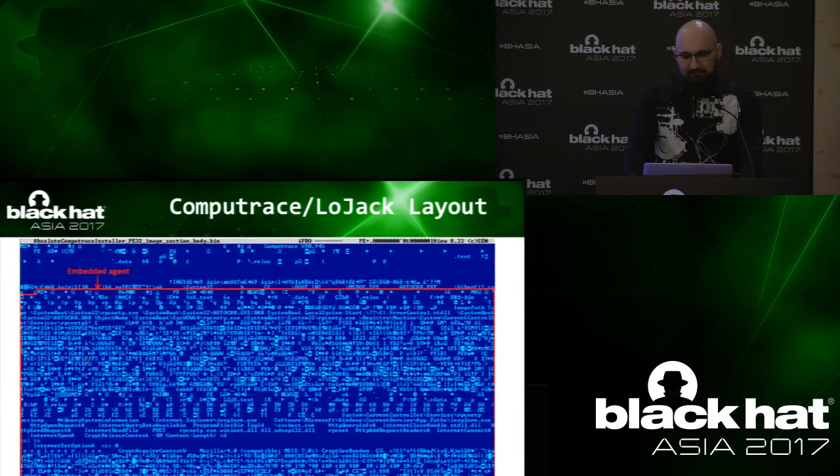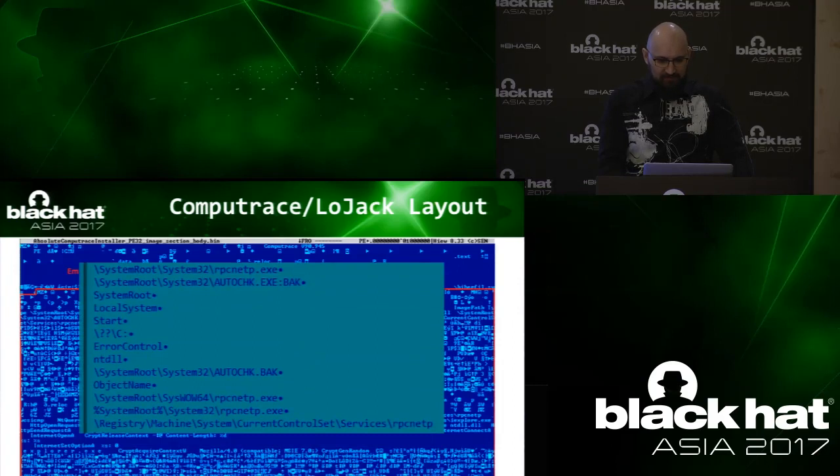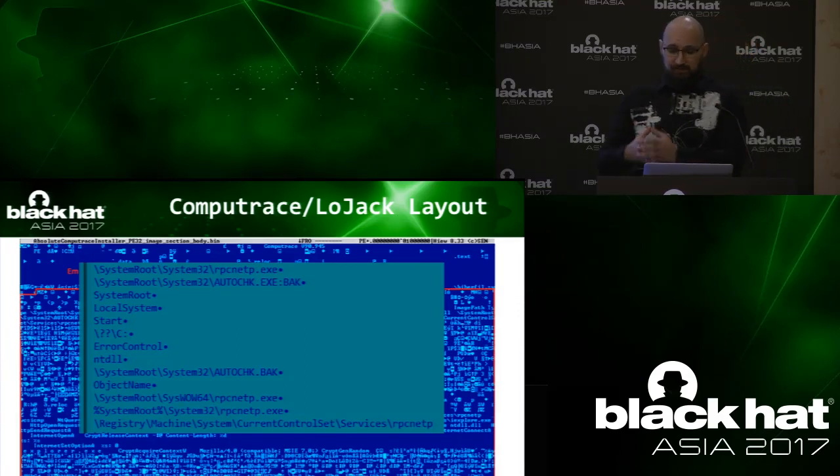If you look into the installer in a DXE driver, you can find the names autochk.exe and rpcnetp, and it's very interesting. Your operating system, Windows, already has autochk inside the Windows folder, and in the installation process this executable is changed.